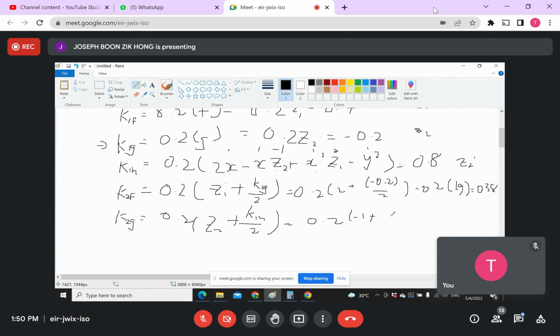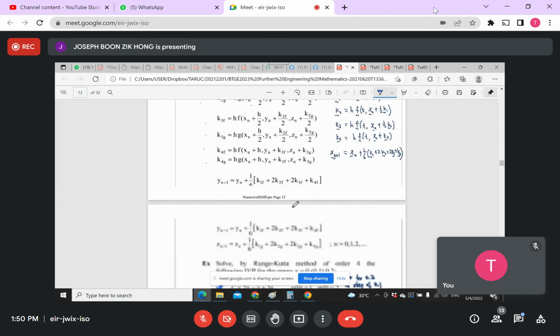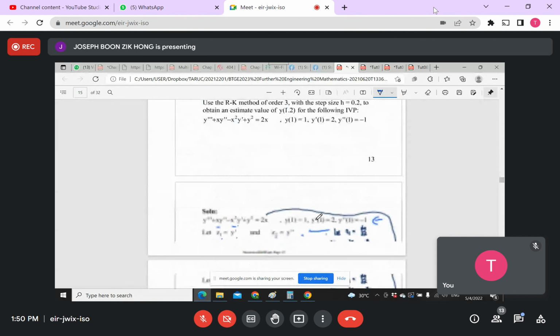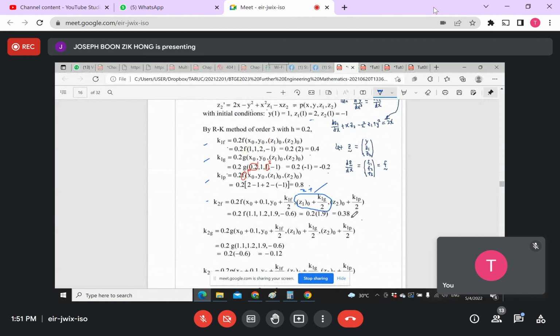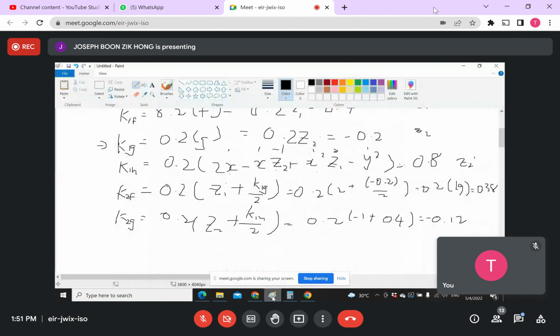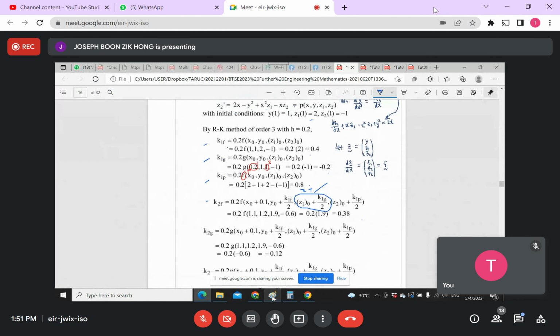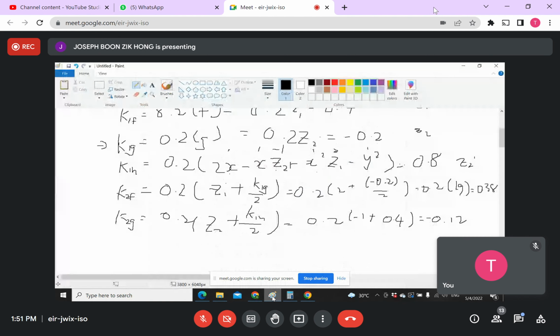So 0.8 divided by 2, so it's 0.4. So you have -0.6 times 0.2, that means -0.12. You check whether correct or not. K2F correct. K2G also correct. And then now I want to get the K1H, K2H.